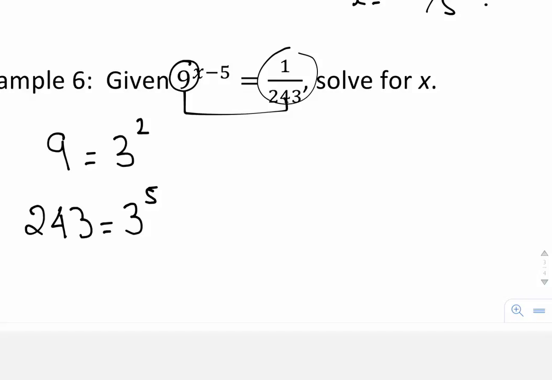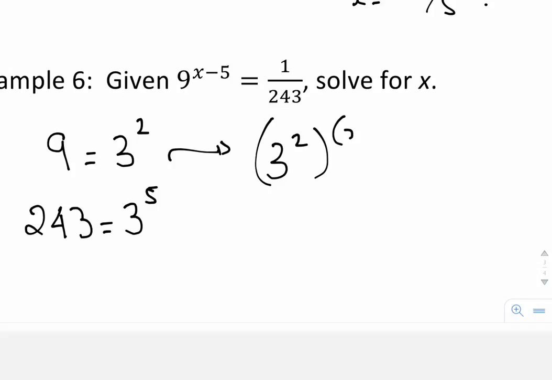So how am I going to use these facts to rewrite my equation above so that I have a base of 3? Well, my left-hand side is quite simple. The 9 I can replace with 3 exponent 2, all to the exponent x minus 5.